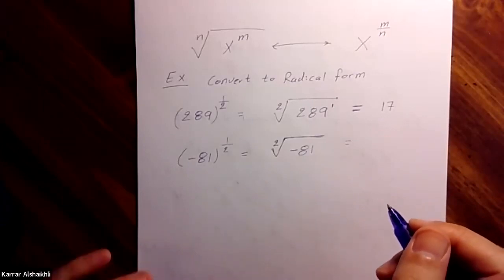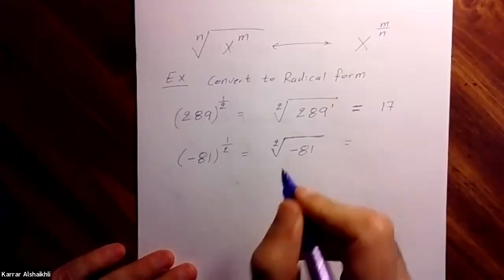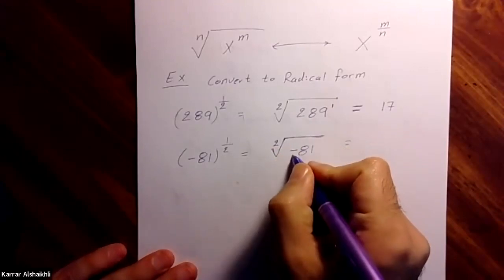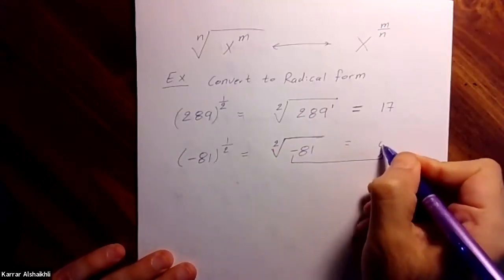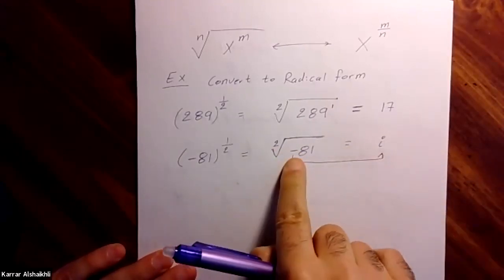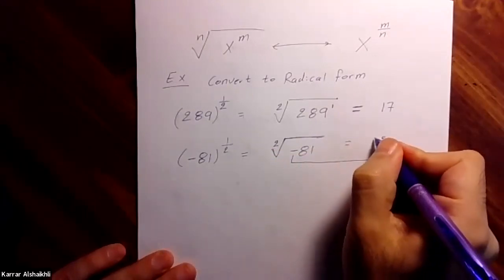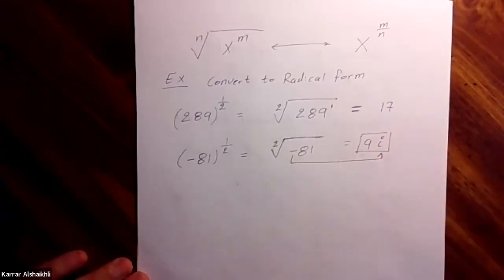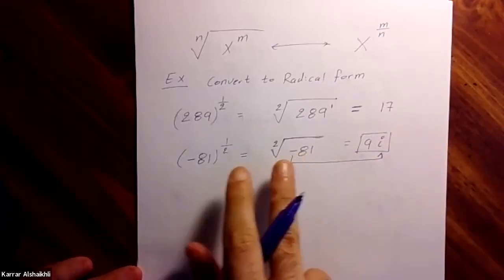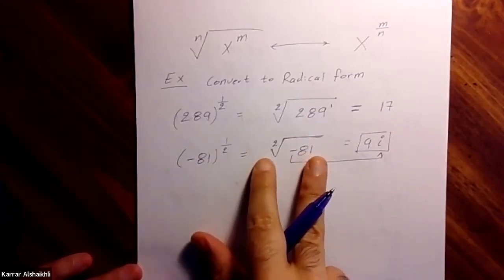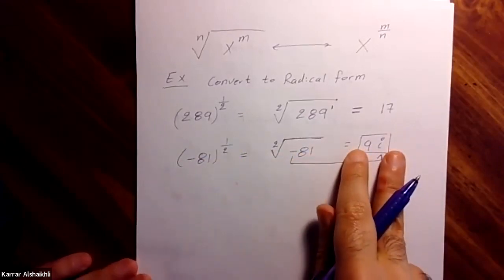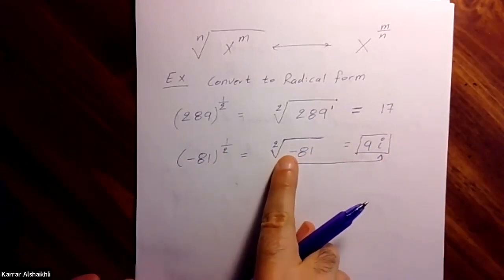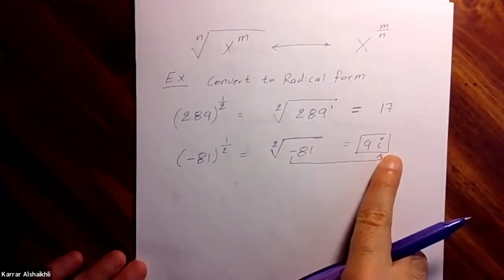Okay, I'm going to give you an extra point. Because you remember when we have an even root, the negative sign goes out as an i. The square root of 81 is going to be 9. So it's going to be 9i. So this is the rational form. This is the radical form. And we simplify it to 9i because we have the root of 81 and the negative sign goes out as an i.